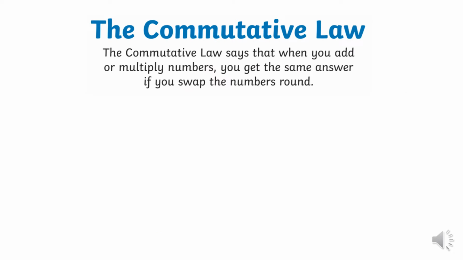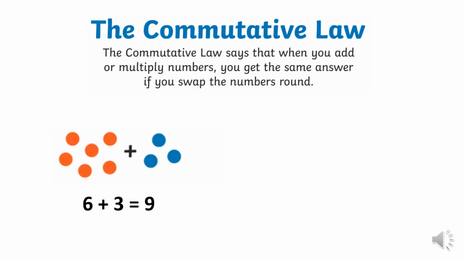Now you might have remembered learning about the commutative rule back at school when we were learning about addition. Because the commutative rule tells us that we can swap around our numbers, we can swap around the parts, and the answer, the whole, remains the same. So here we have 6 plus 3, and that totals 9, that equals 9.